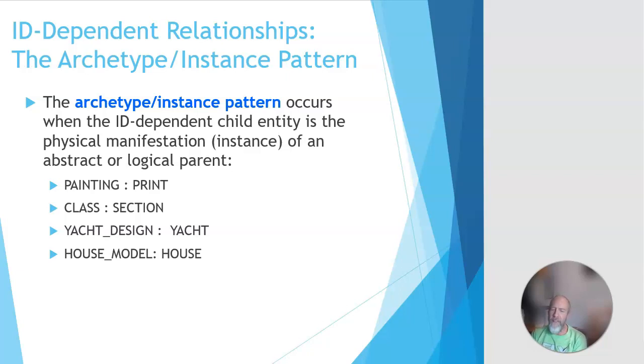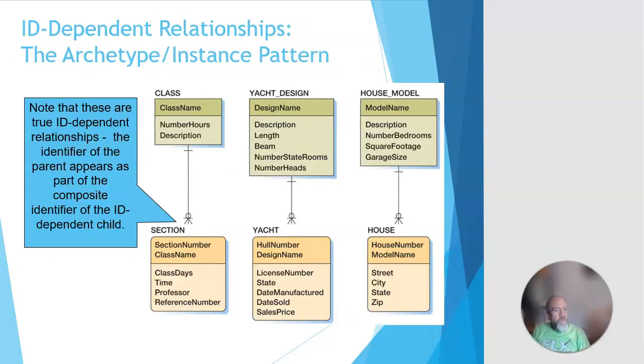I like the class section one because it really is a good one that tells you, hey, you've got that one class which can have multiple sections that go with this, and it is ID dependent. The section does need to keep a pointer back to the class that it's a section of. So when you put these things together, you can say, okay, what have we got here? We've got the class with a description that's going to be common to all the sections of the class.